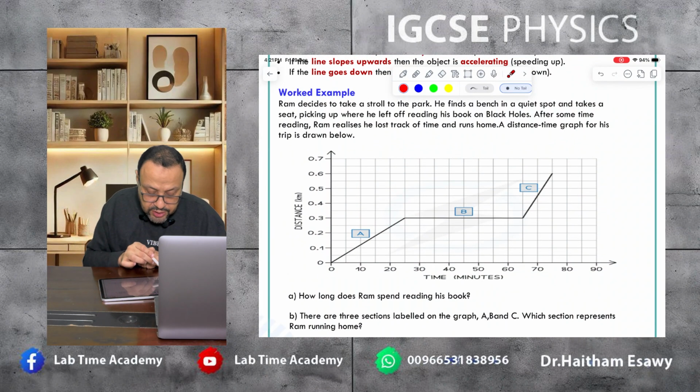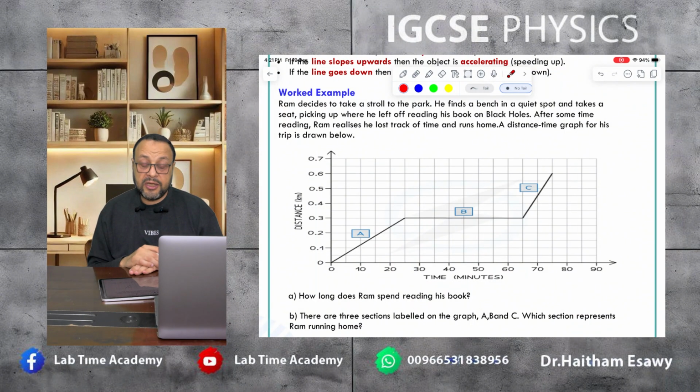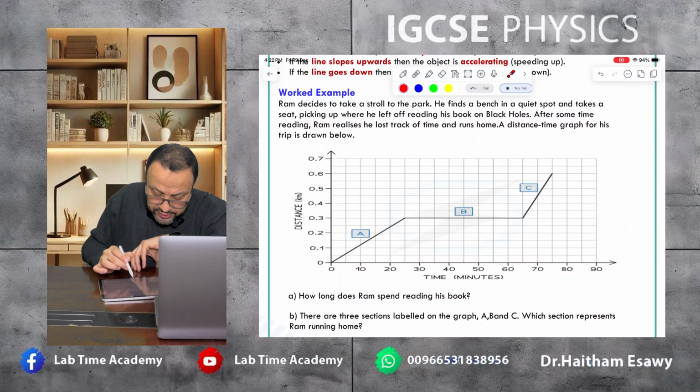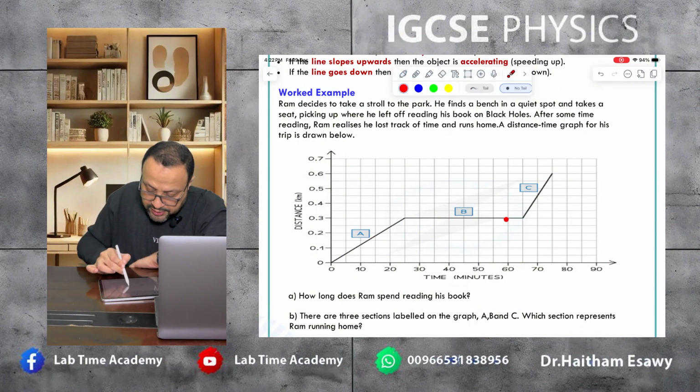The question is, how long does Ram spend reading his book? Actually, when Ram starts to read his book, he will not move. Is it right? So the distance will be constant. The distance will not change. So if we return back to the graph, we have the first part, the second part, the third part.